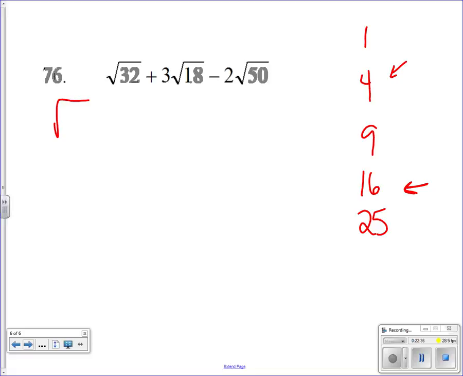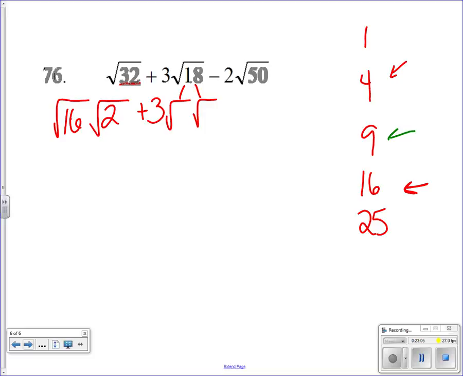Because again, 32 divided by 16 gives you 2 for your garbage. Plus this 3, I'm just going to go ahead and rewrite. So that's not changing at all. Doing our good and garbage for the middle one, 18 can be broken up using 9. 18 is evenly divisible by that perfect square of 9. So we're going to throw 9 into that good. And then 18 divided by 9 is 2.